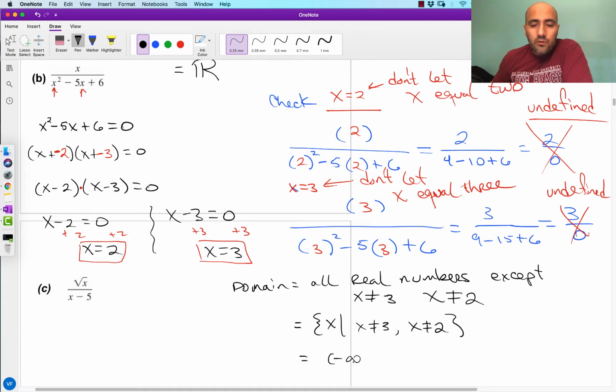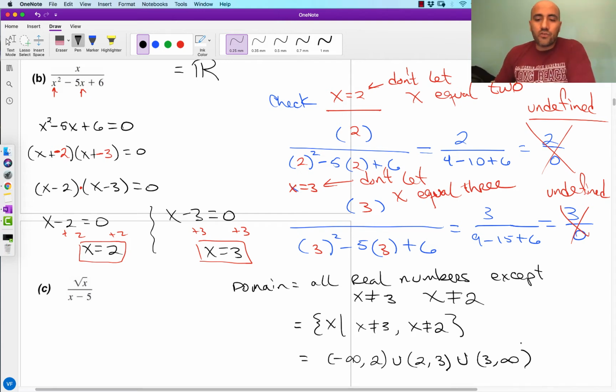It's all numbers starting at negative infinity, going up to 2, parentheses, so not including 2, unioned with 2 going up to 3, open parentheses, unioned with 3 up to positive infinity. That's another way of expressing it.